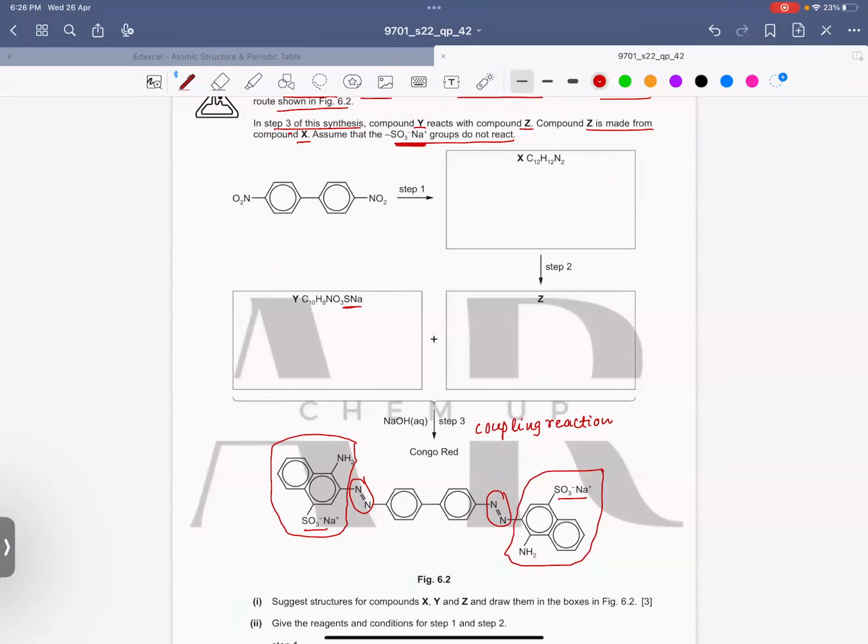So I would draw Y over here with two benzene rings, and out of these two benzene rings, one has an NH2 group, and directly opposite to that NH2 group there is an SO3 negative Na positive group. So we have figured out what Y is.